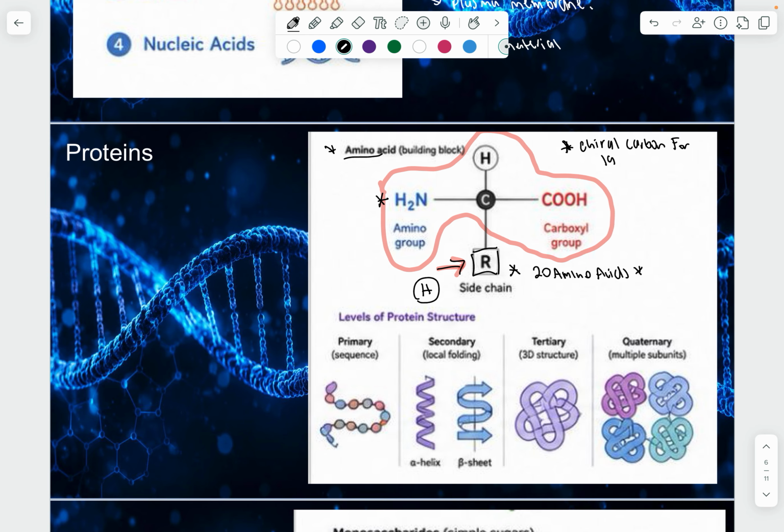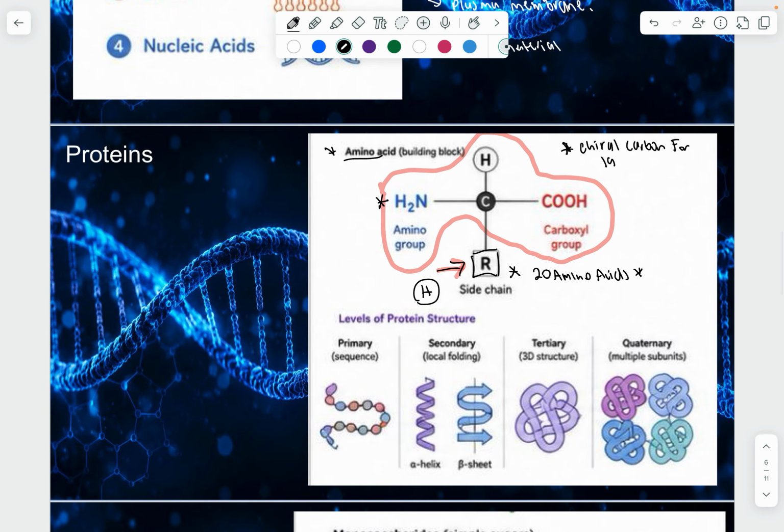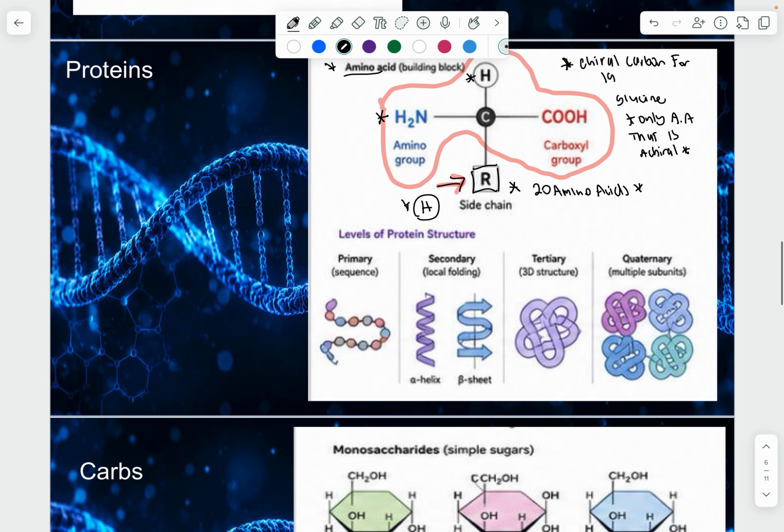And chiral carbon basically means that your carbon is attached to 4 different functional groups or elements. But in the case of glycine, that's attached to 1 hydrogen and the second hydrogen, that is the only amino acid that is achiral. Again, we will talk more in depth about this in a protein lecture.